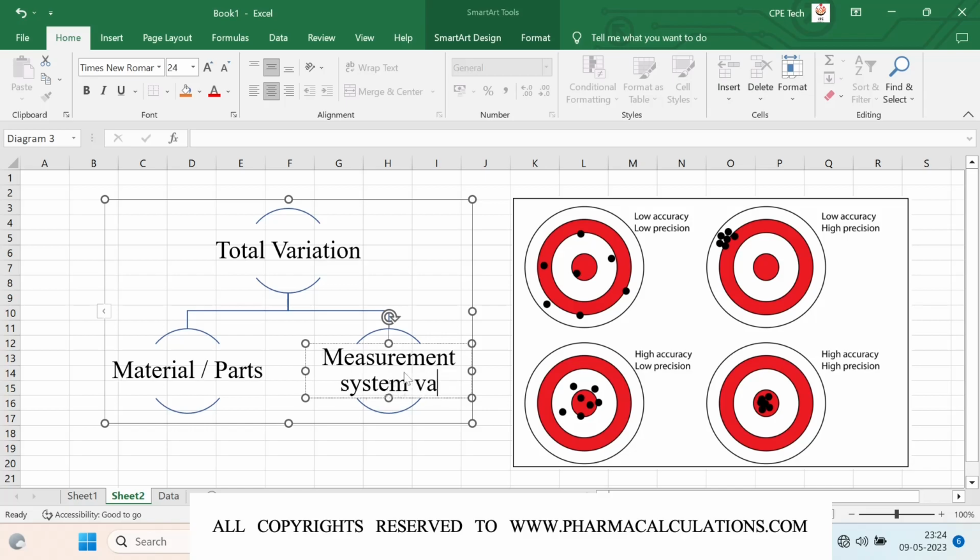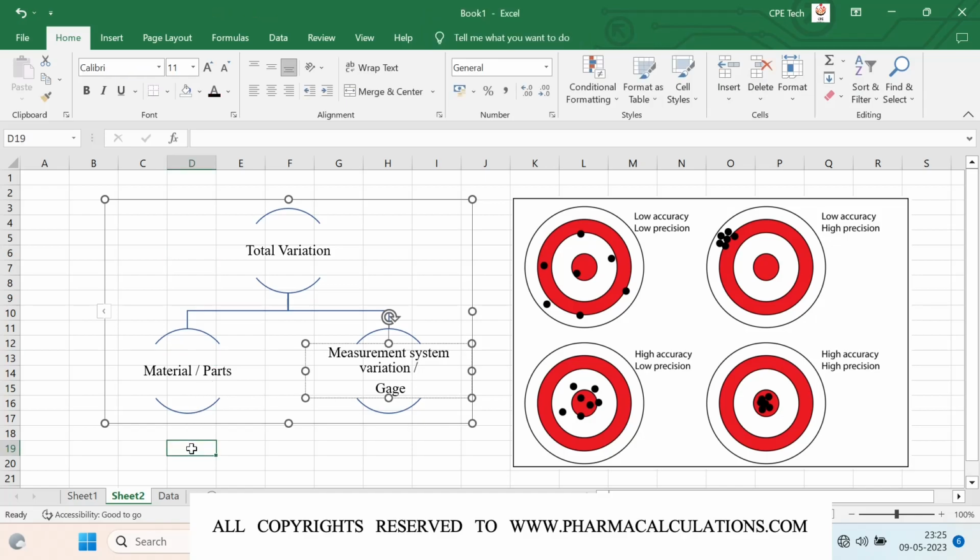And the second one is going to be due to the measurement system variation. If the analytical instrument has some abnormality, automatically it is going to give us certain variations. That is the measurement system variation, or else we can call it gauge, in other words. Why? Because you are going to measure using the gauge only.